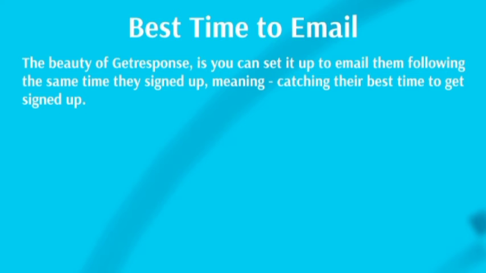Now, you don't have to do that. You can actually set it up differently. You can set it up so that they receive an email every day, every other day, or once a day, and then you skip 2 days, and then you go 3 days. Or you could even set it up so that you only email them during Monday through Friday, and you skip Saturday and Sunday.